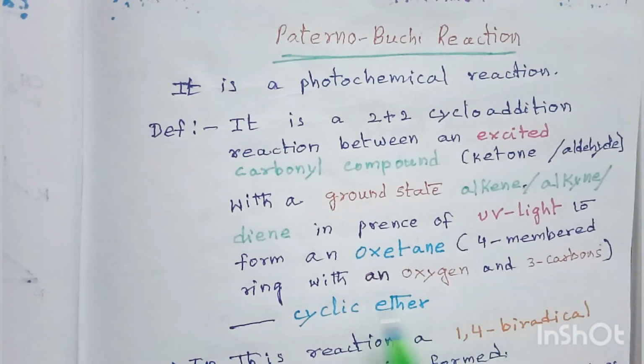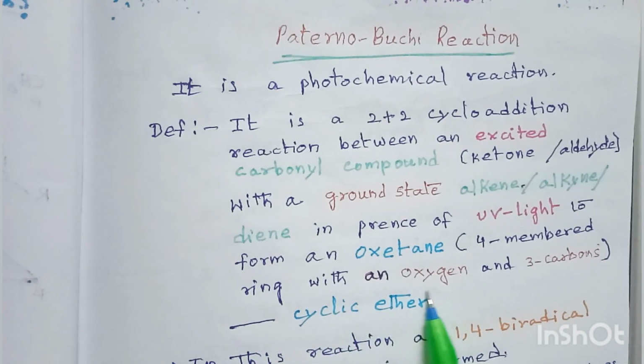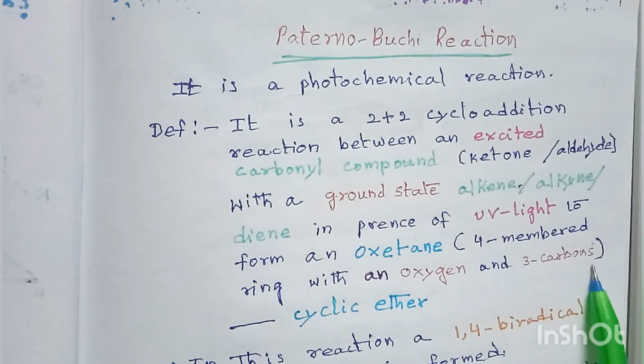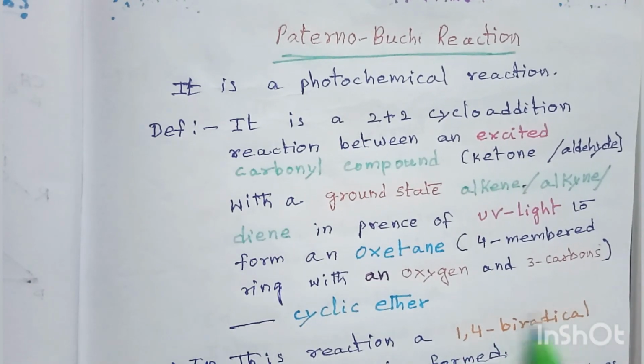Oxetane is a 4-membered ring with an oxygen and 3 carbons. It can also be called a cyclic ether.